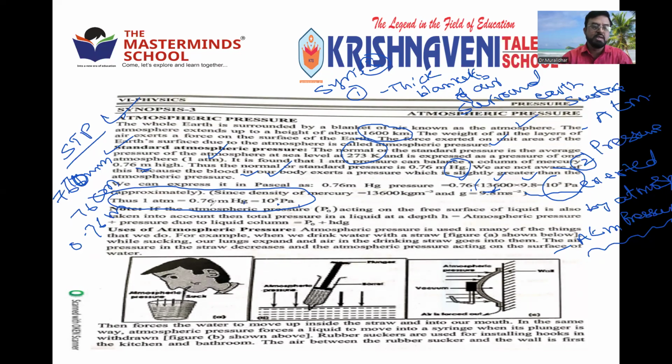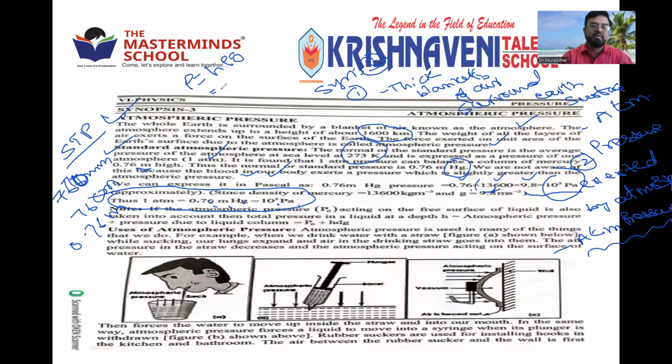How did you get this one? 0.76 meter is the height, and the density of mercury is 13,600 kg per meter cube. Acceleration due to gravity is 9.8 meter per second square. The formula is P equal to H rho g. So what is the pressure?